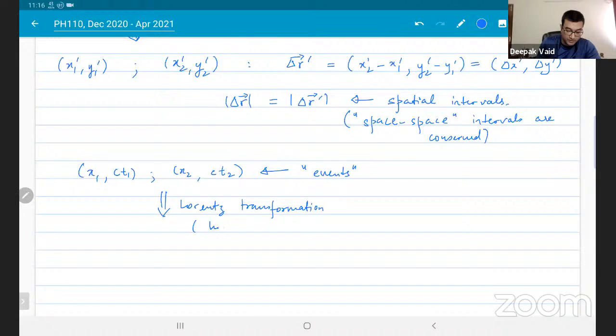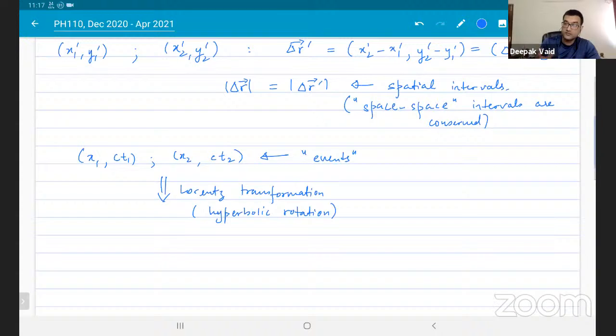Which is what? It's a rotation in this space-time plane, the xt plane. This is the reason why I've been drawing all my frames of reference as x and t.